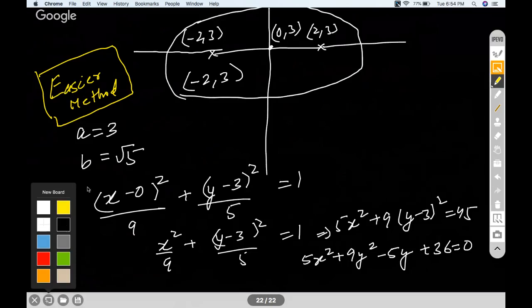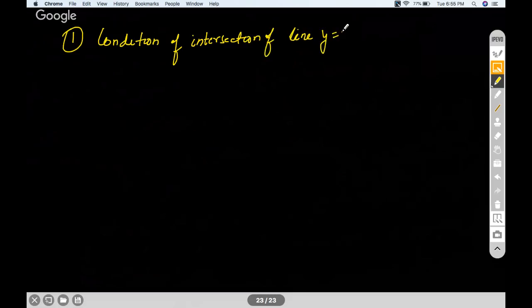So the next class that we are going to have on ellipse would be a 1 hour class, not more than that, where I will talk about the following things. The condition for the intersection of a line y equal to mx plus c with the standard case of an ellipse.